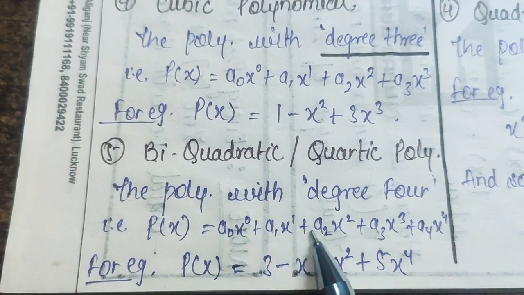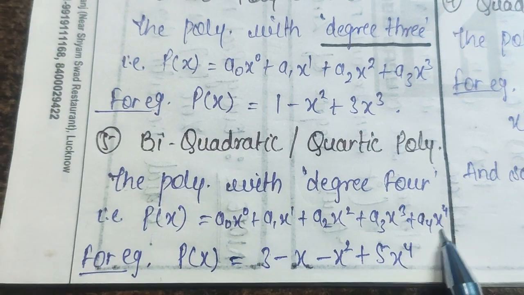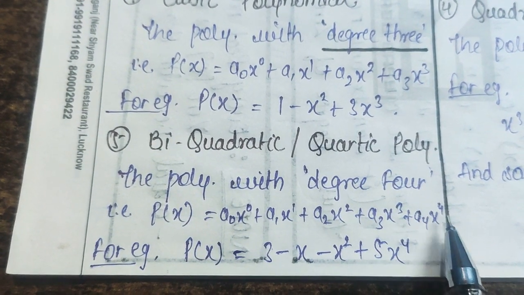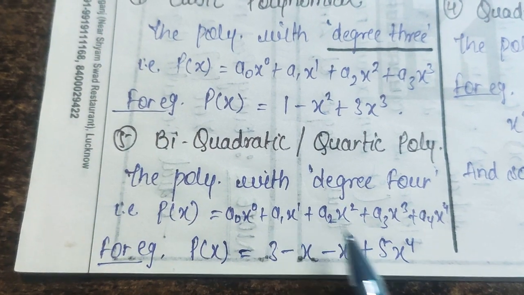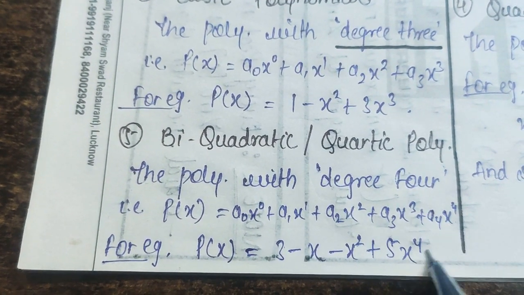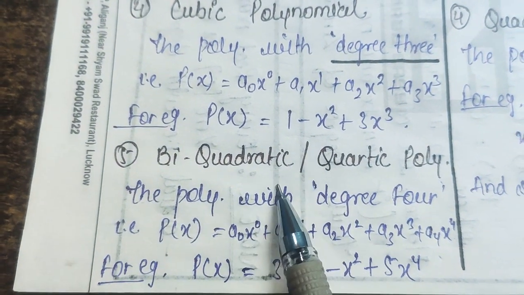You already know a naught, a1, a2 and a3 and so on. These are the constants, or you can say the real numbers. And x naught, x1, x square, x cube and x to the power 4 are the variables with different power. But the highest power can only be 4. Then only you will say that it is a biquadratic polynomial.